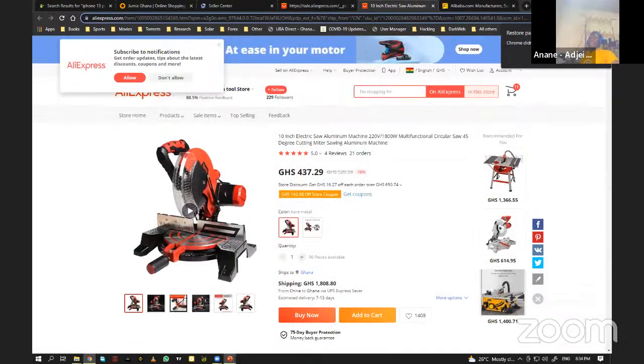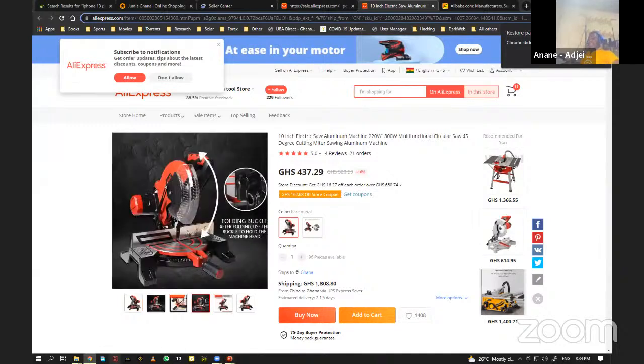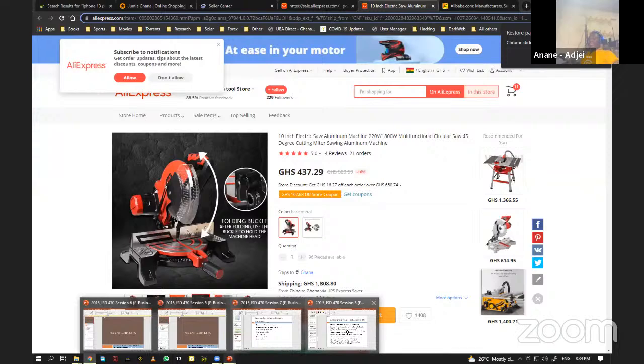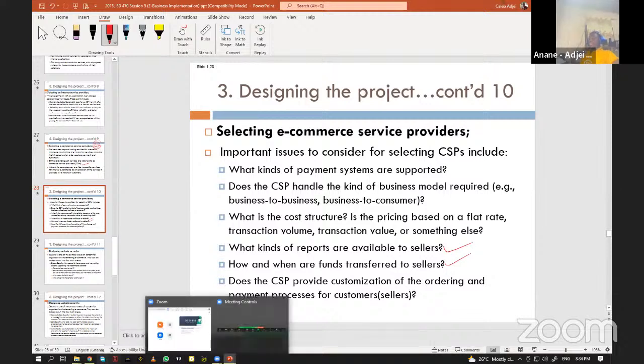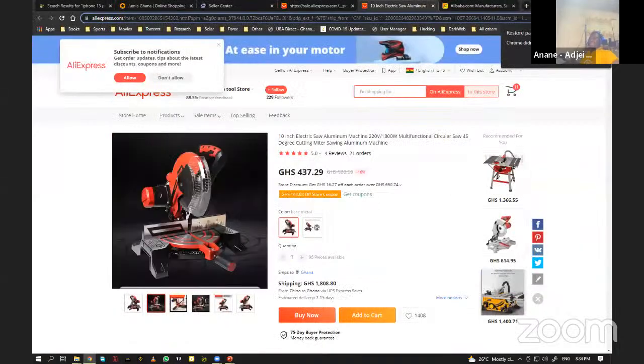So currently, if you are buying something, you can only see the one you are buying from, but you cannot chat with the person. That is one of the things they have done to protect their brand and their integrity. So does the service provider provide customization? Assuming this is the machine I want to buy, I can ask the supplier, this is a red machine, can you get me a black one?